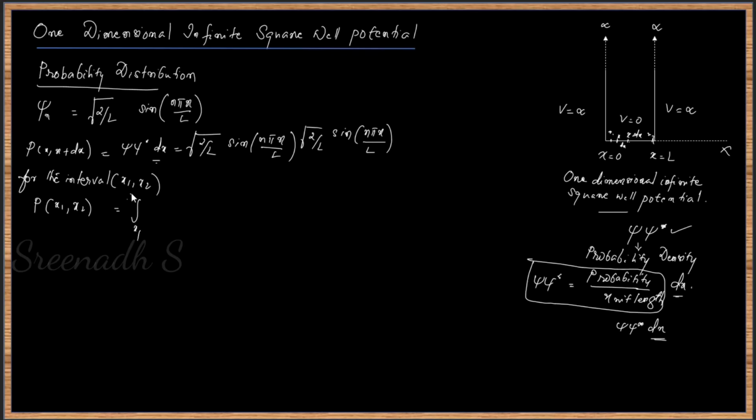Between x1 and x2 there will be a number of dx, because dx is a very small distance. For each dx we have written psi star dx. So if there are n number of dx distances between x1 and x2, we need to find the probability for each dx and add them up.